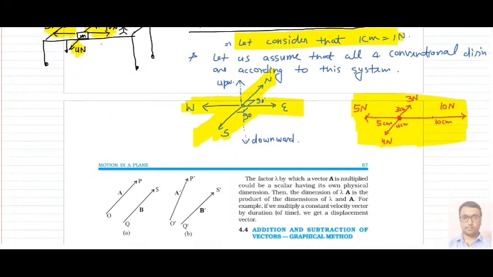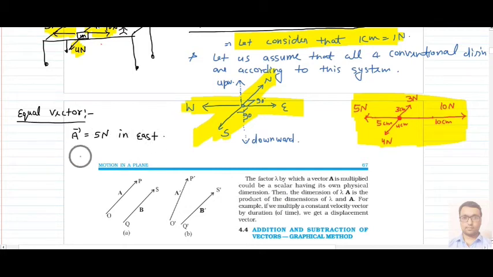Now we will see the next topic, that is equal vectors. Suppose we have two vectors: A equal to a 5 Newton force in some direction, and the other vector B is again a force that has the same magnitude, 5 Newton, and the direction is also the same.